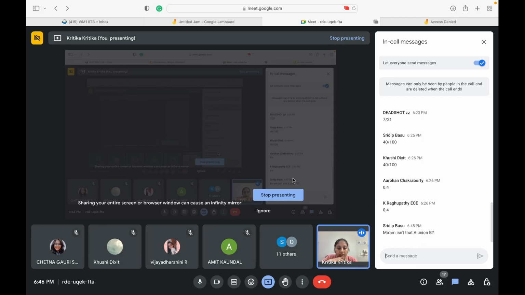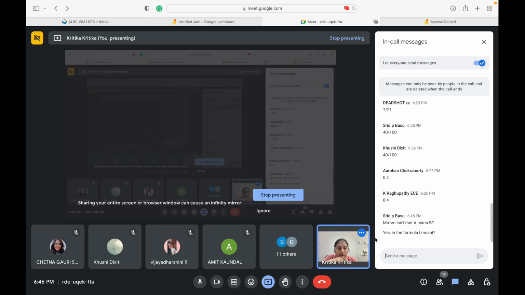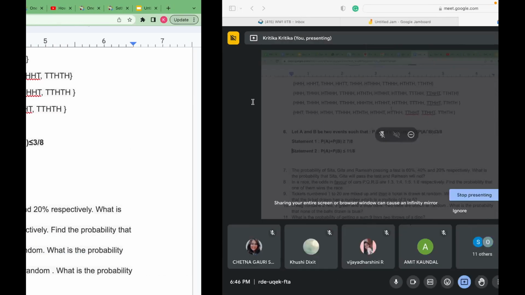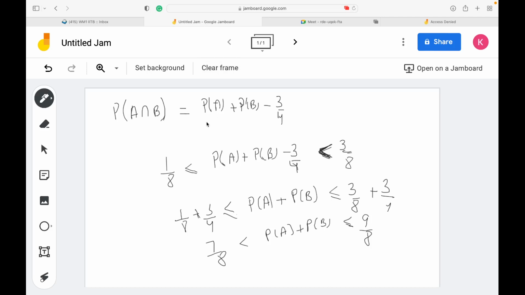So A union B is 3 by 4. It's in the formula. No, it is like, for this intersection also this will be this, I just have written it differently.